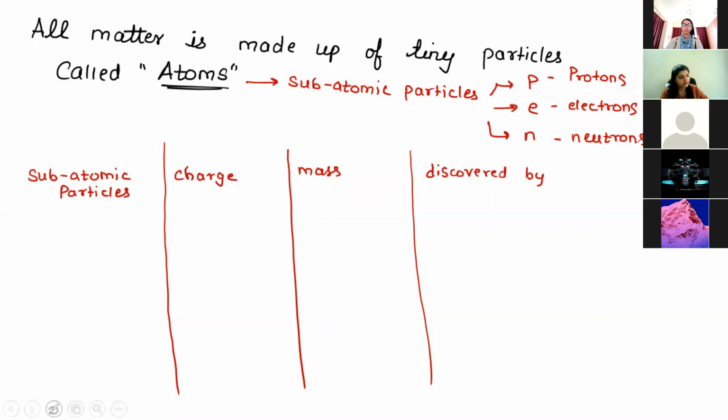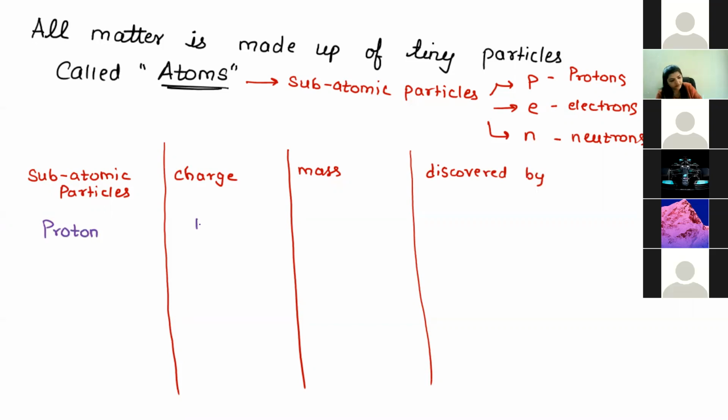Subatomic particle, proton. What's the charge of proton? Positive 1. Mass? 1 AMU. Yeah. AMU stands for atomic mass unit.